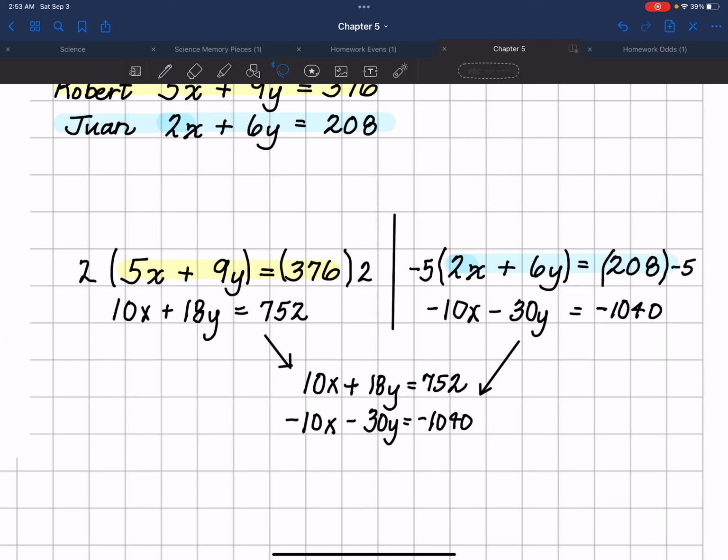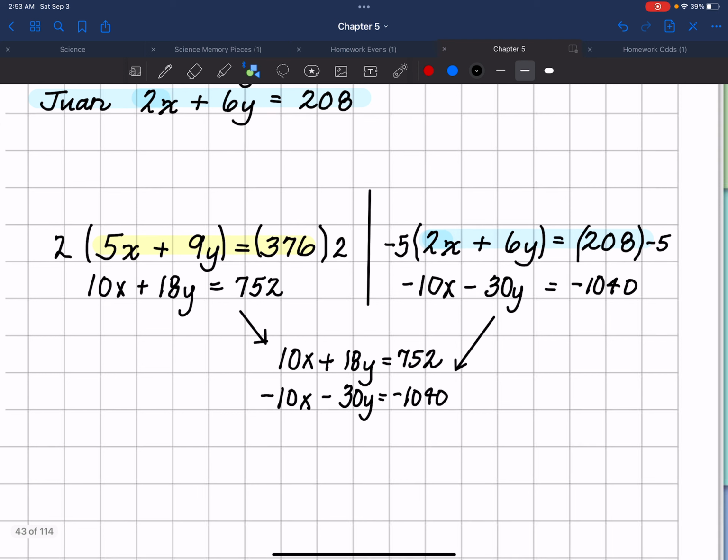You see why? Because those are now going to do what? Cancel. You have eliminated the x terms in these problems. And then we have 30 minus 18. That's going to be a negative 12y.